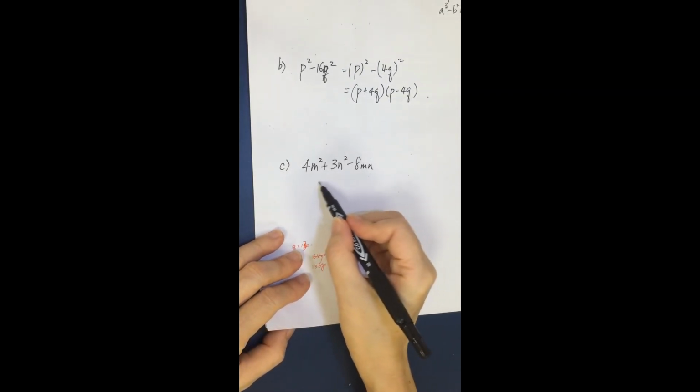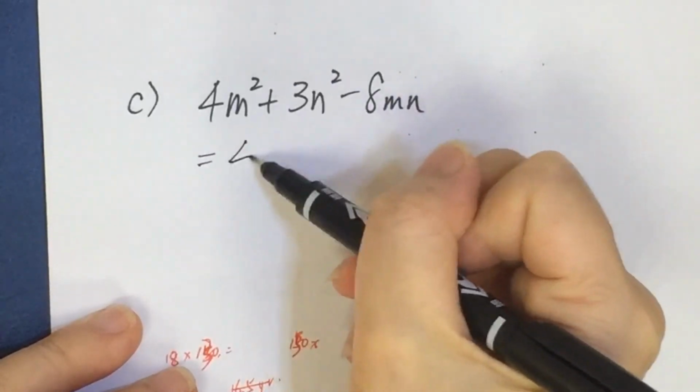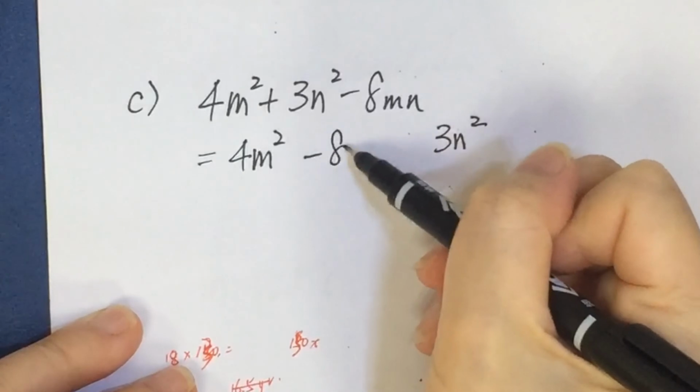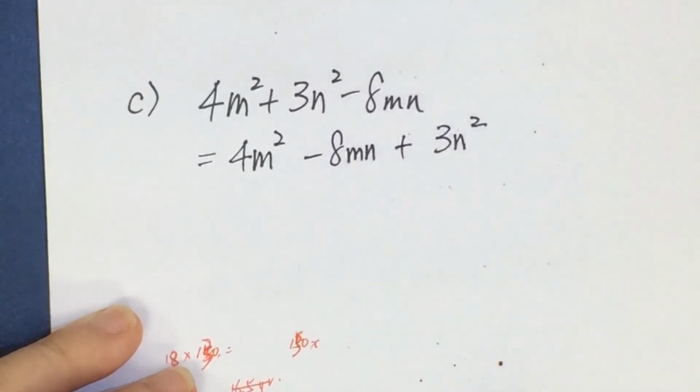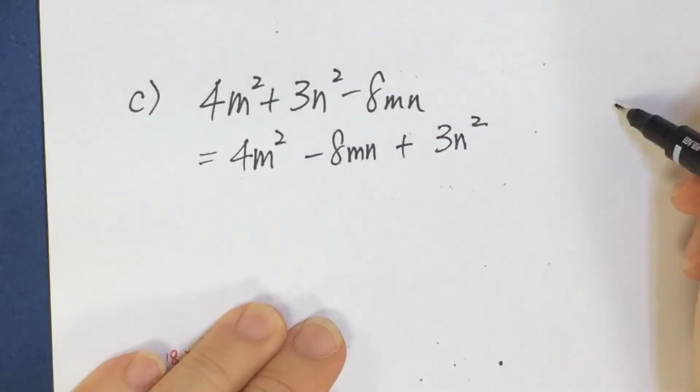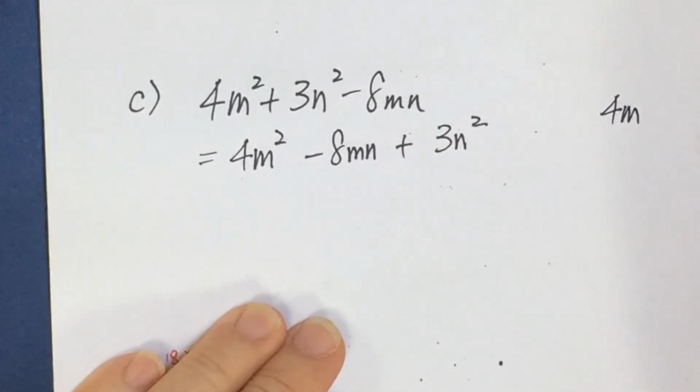Here it is not arranged, so we try to arrange them. 4m squared and 3n squared. And the middle term is the product of the two. Can you see? I'm trying to put this m and m, 4m, 4n. Should I?